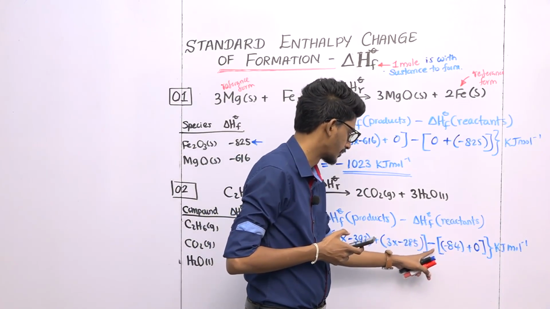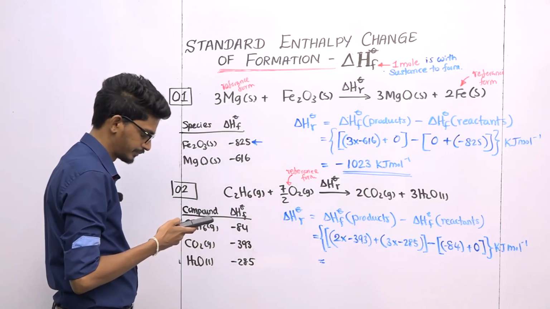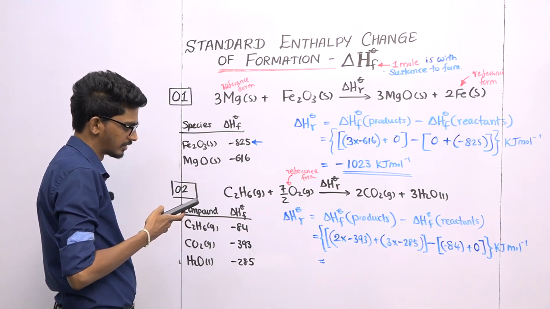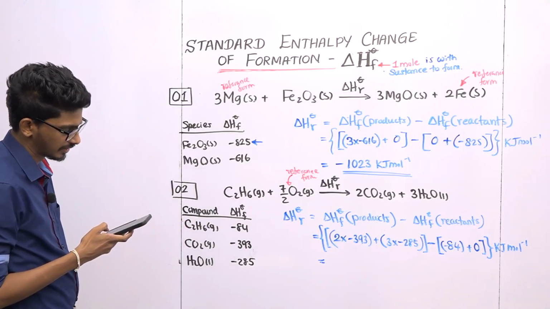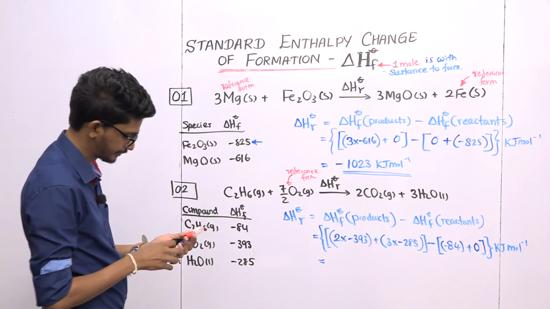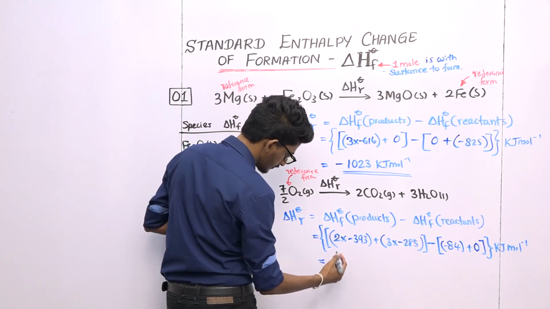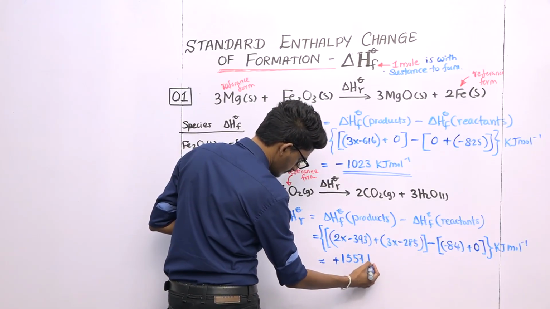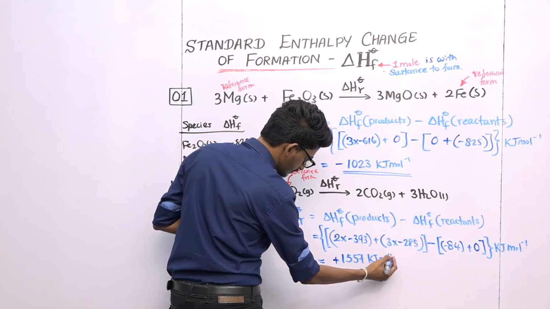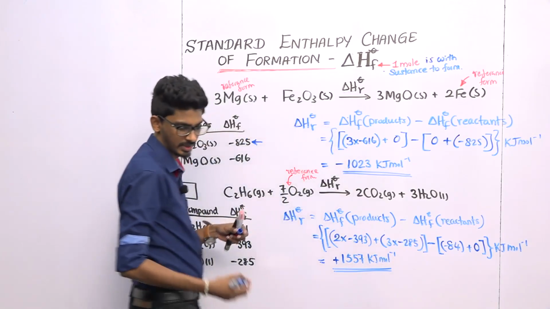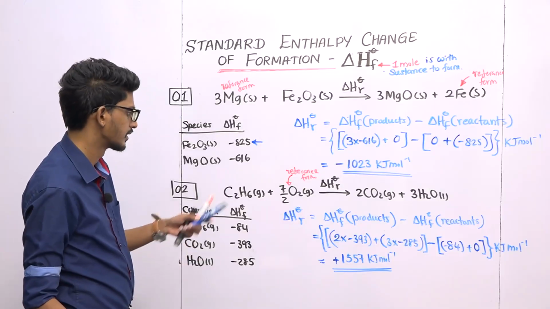This becomes plus, minus minus plus 84. This is 1557, right? Positive. Answer with the correct units. Okay, just complete the stuff now.